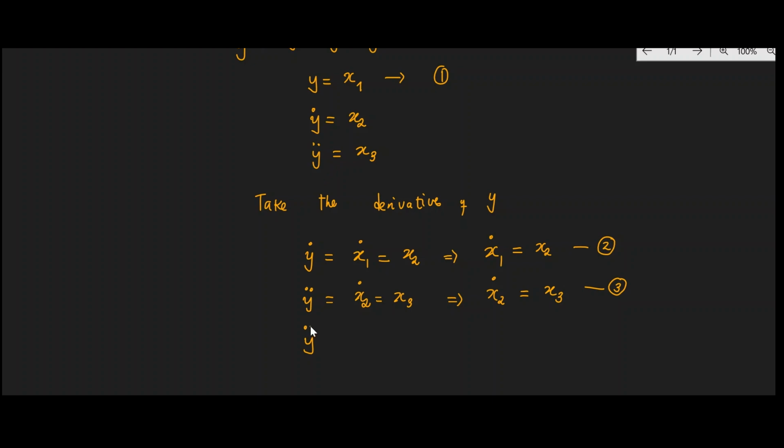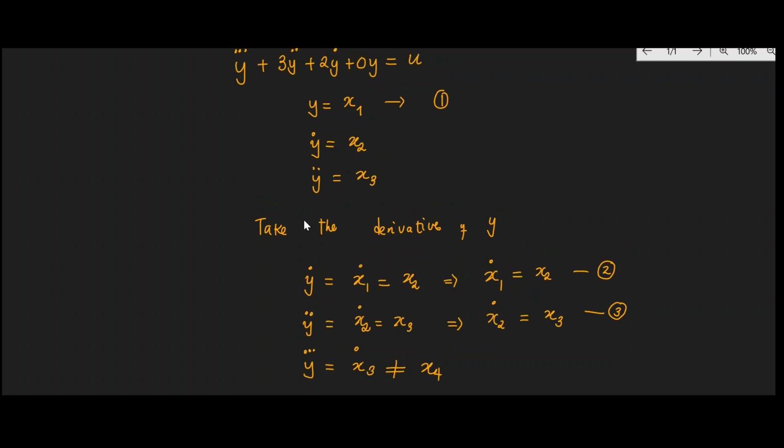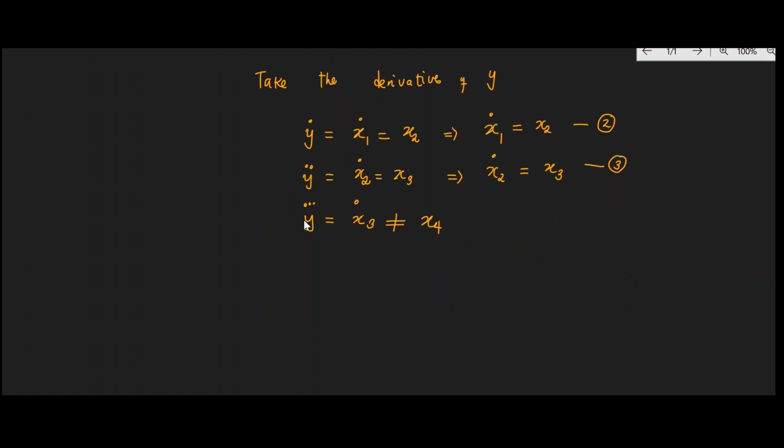This becomes y dot dot dot, and this is equal to x3 dot. But don't say this is equal to x4 because you don't have x4. Here you need to be very careful. You have to get this x3 dot from the original differential equation. So let's go ahead and substitute in the original equation.